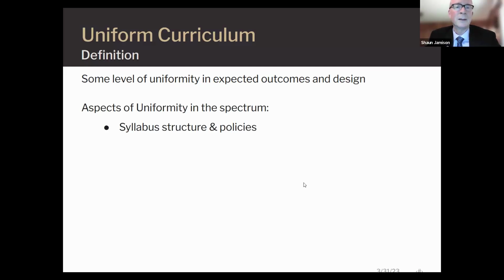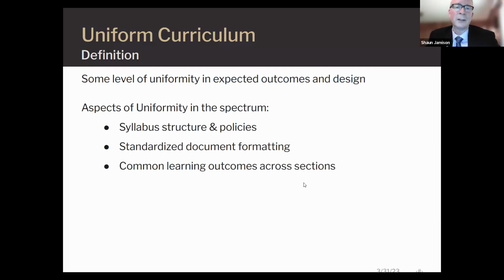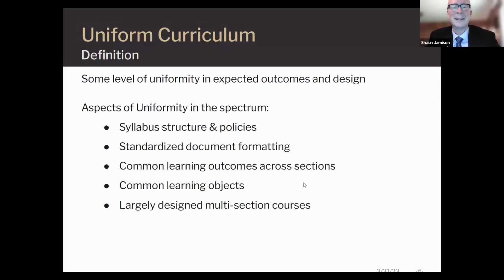In other words, the way they're laid out. Standardized document formatting, common learning objectives across sections. That's what kicked off the whole idea for the presentation. Common learning objects, which is fancy edu speak, so I'll explain that in a little bit. In what I call largely designed multi-section courses, which may or may not be for you. That is actually what we do.